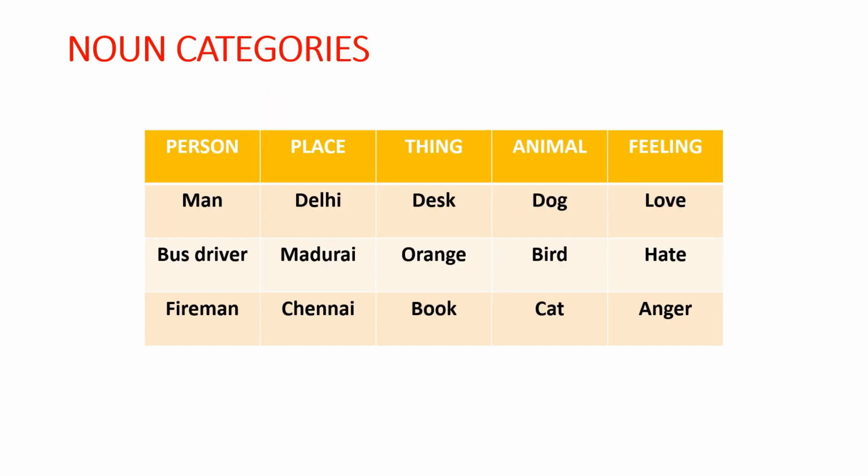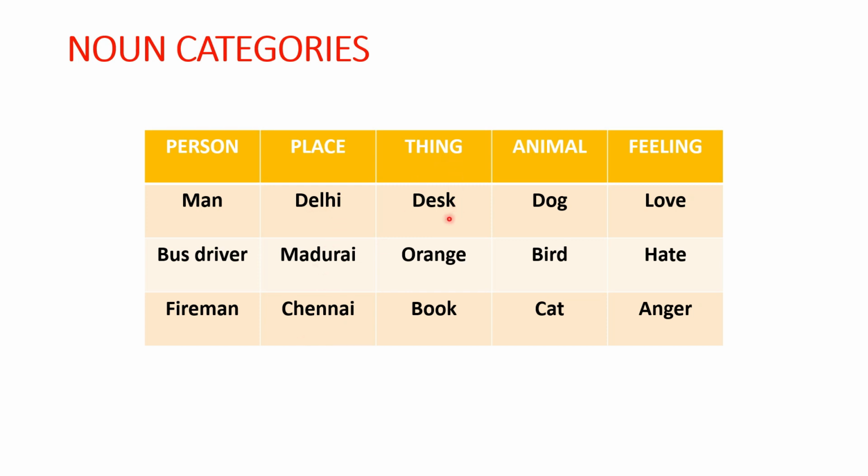We have different noun categories and those categories are person, place, thing, animal and feeling. Under person we have man, bus driver, fireman, doctor, engineer. Those kinds of things we'll have under person. Under place we can have Delhi, Madurai and Chennai.